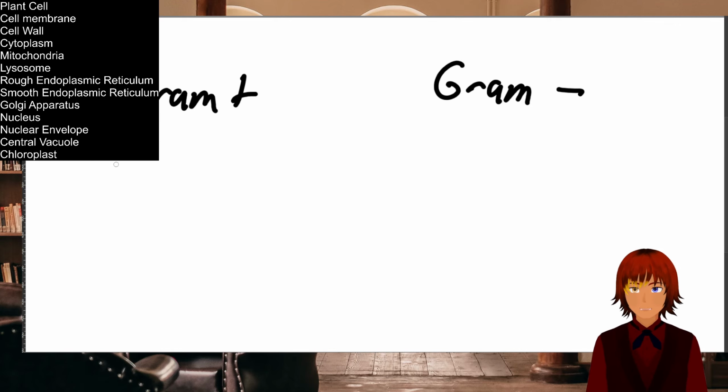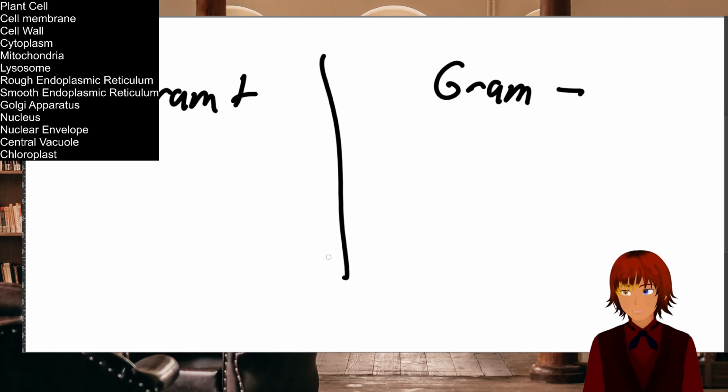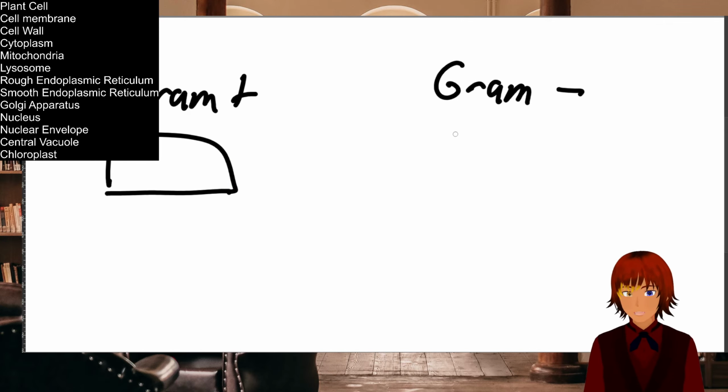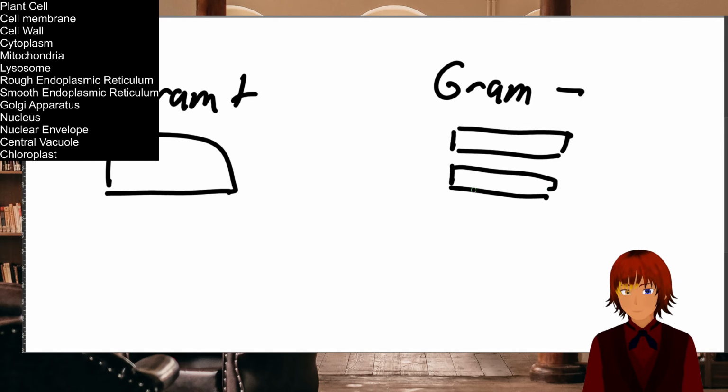That's due to the differences in structure of their cell wall. Gram-positive bacteria have a really thick layer. Meanwhile, gram-negative bacteria have really thin layers.